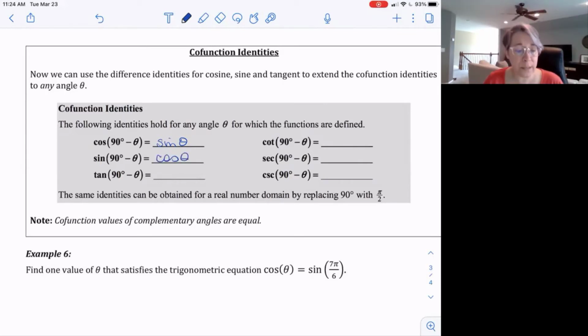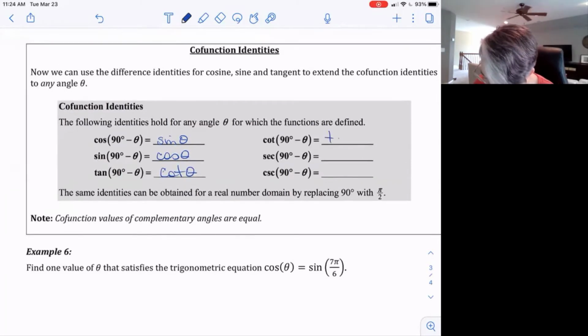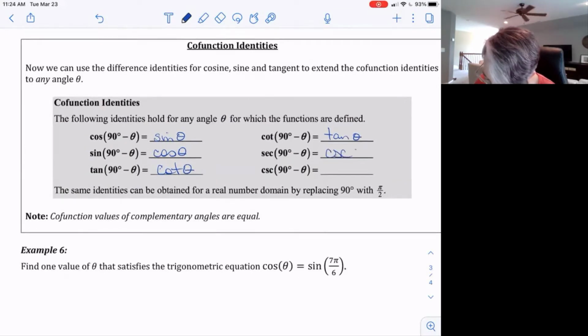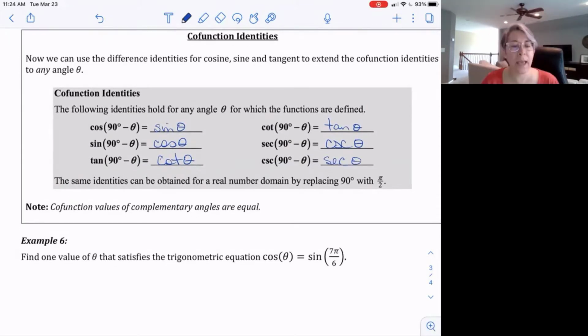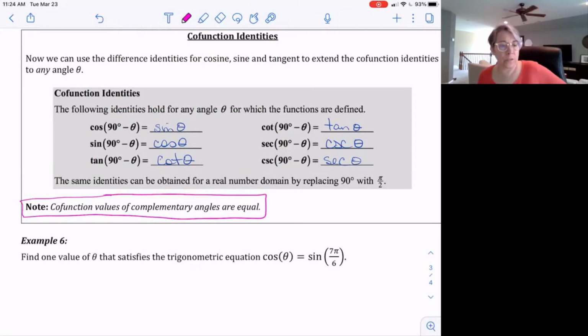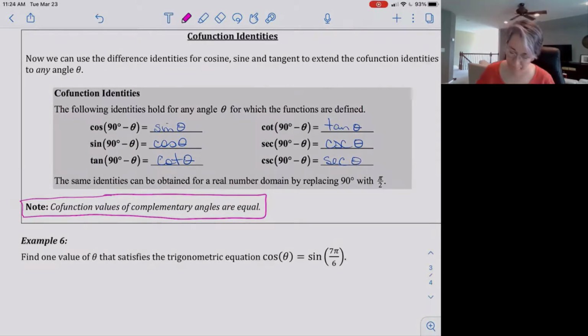Tangent of 90 minus theta is the same as cotangent of theta. Cotangent of 90 minus theta would be tangent theta. Secant of 90 minus theta would be cosecant of theta, and cosecant of 90 minus theta would be secant. It also works not just with 90 degrees, but obviously with the radian equivalent, pi over 2. That is from the identity that we talked about earlier in a different section: cofunction values of complementary angles are equal.